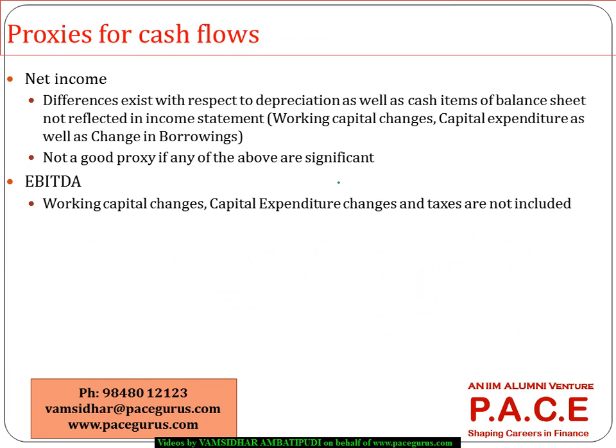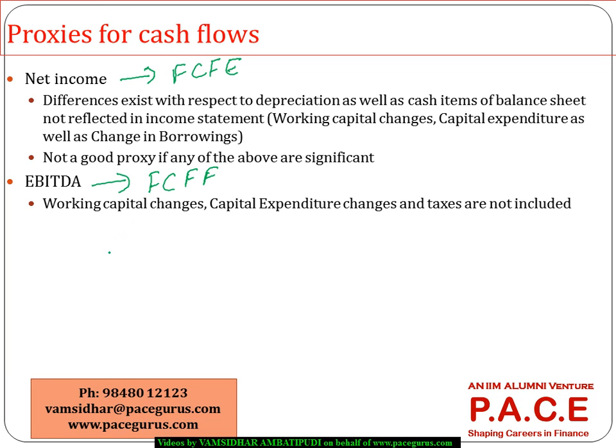Now sometimes I see that if people are not able to compute the free cash flows, they try to use some other elements of the financial statement where the elements are directly available. They are used as proxies for free cash flows. Generally we see net income being used as a proxy for free cash flow to equity, and EBITDA is used as a proxy for free cash flow to the firm.